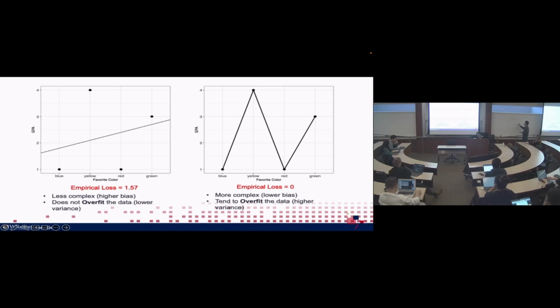No matter how many points you have, it will never recover the true relationship with the curve, right? You can only fit a line. You can never fit a curve using linear regressions. So the bias here is high, but it's possible for this model to actually recover this curve. As long as you have more data points, it's possible you can make this smooth and recover the true relationship between x and y. So this is the bias-variance trade-off, right? If you have high bias, you have low variance. If you have low variance, you have high bias. And to predict well, you need to balance both.